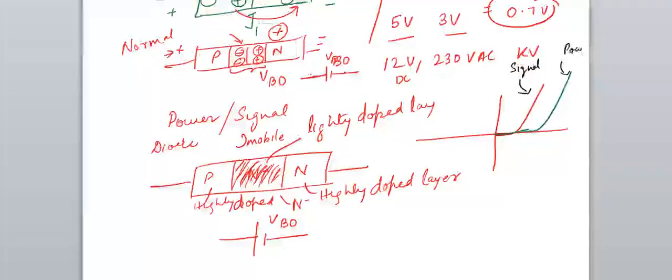You need to give more breakdown potential, so VBO of the power diode is greater than that of the signal diode. We can expect the breakdown voltage for a power level is more compared to the signal level, but the characteristic is the same. This is the static characteristic.